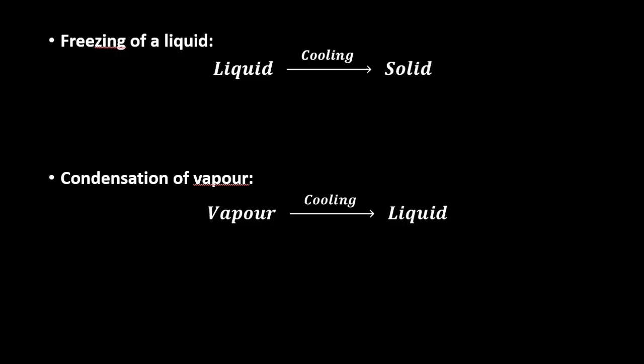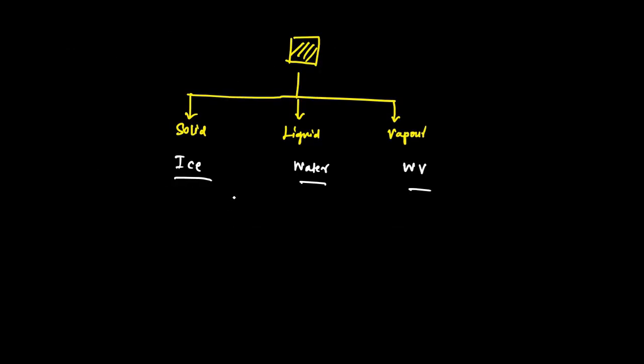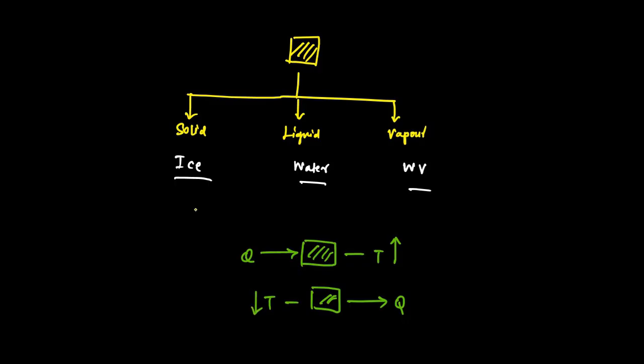Now the basic law of heat and temperature says that if there is any object and you supply heat to it, its temperature should rise. If you take heat away from it, its temperature will drop.